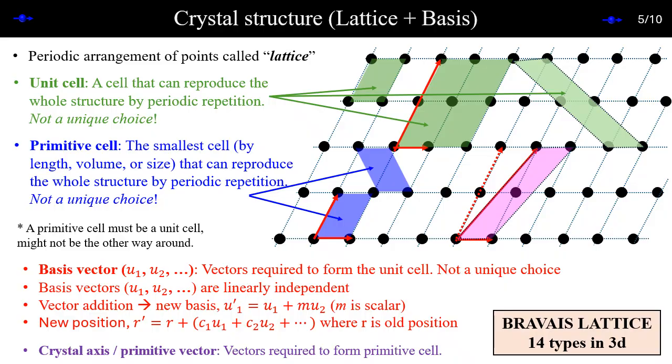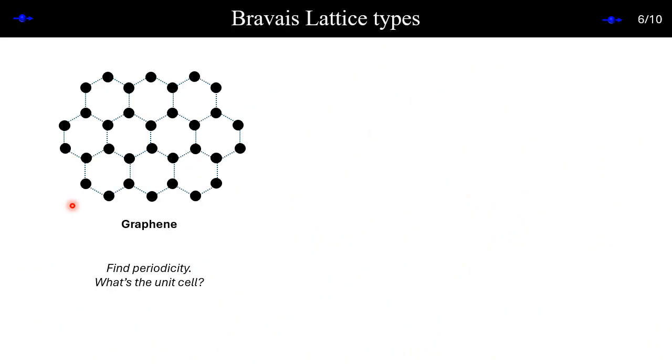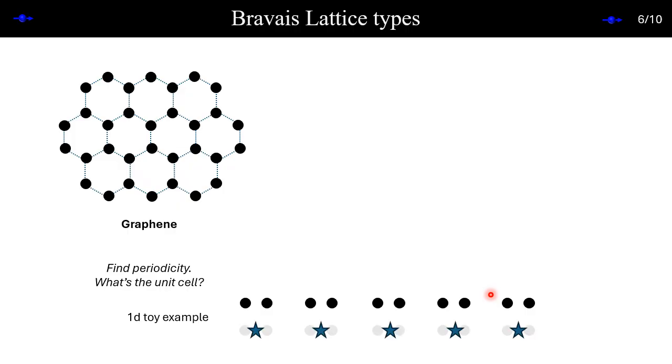Then we asked what type of lattice it is, and eventually saw that this is not a Bravais lattice. For example, this 1D chain is periodic, but it is not a Bravais lattice. You have to combine them. This is a very important property, because in a crystal it is not that we only have points; we can have different molecules at each point.